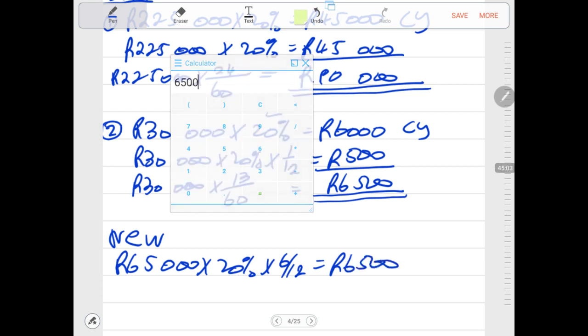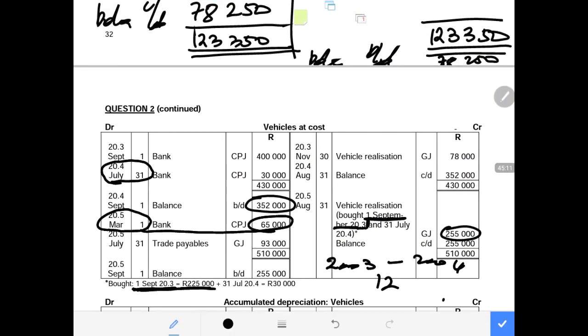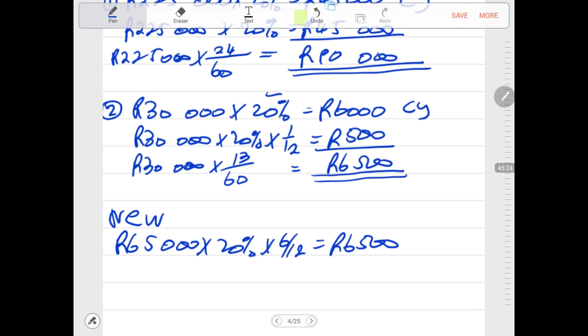Remember, this is now calculating March, April, May, June, July. Just look at the date again. Use 6 months, beginning of March. So it's March, April, May, June, July, August. So that will be 6 months exactly. That was accurate. So we have our 6,500 rands.